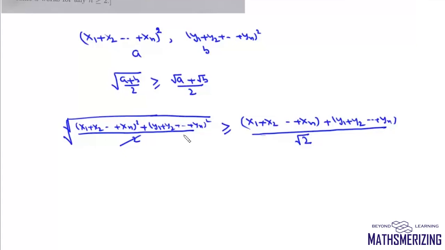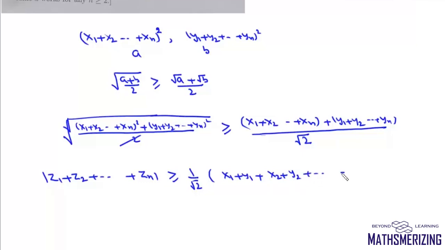Now this expression on the left hand side, it is nothing but it is mod of z1 plus z2 plus zn will always be greater than or equal to 1 upon root 2, and this is x1 plus y1 plus x2 plus y2 up to xn plus yn.